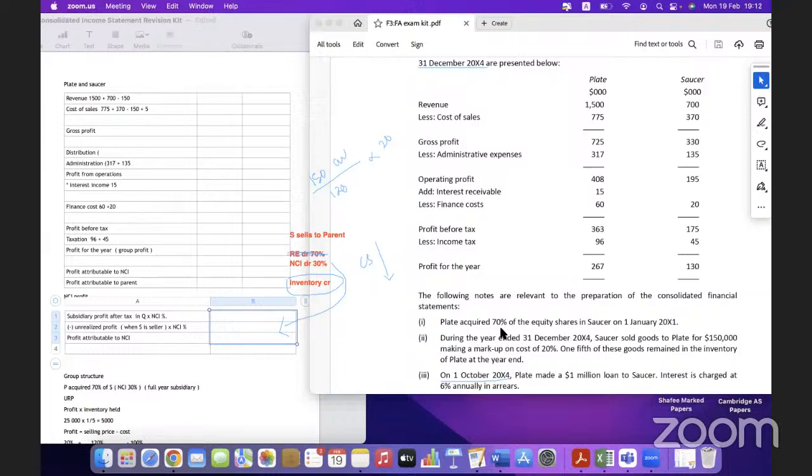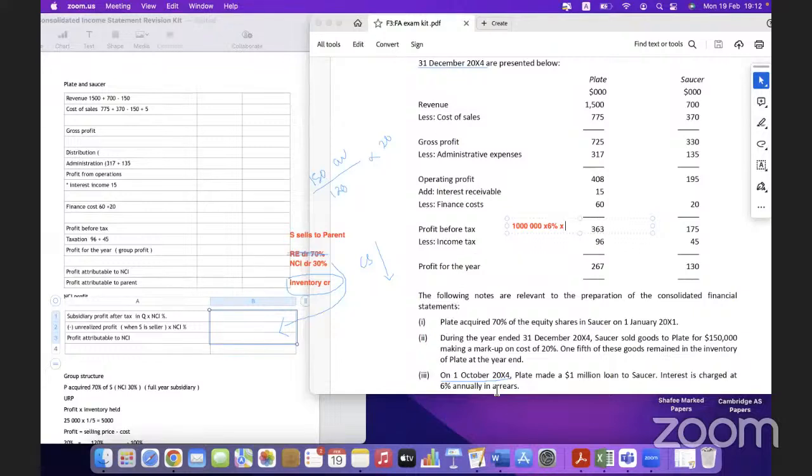Plate, who is the parent, made a 1 million loan to Source. The interest is 6%. So first of all, guys, shall we calculate the interest faster? So 1 million loan, how much percentage interest? 6% of interest. And guys, remember 6% is annually, no? So like I pointed out to you, have we taken the loan annually?